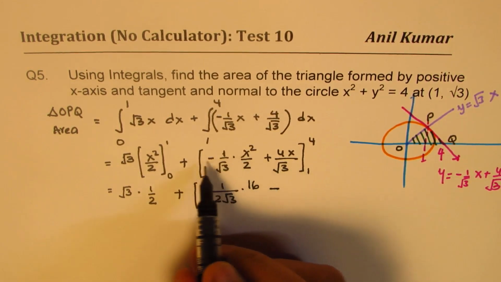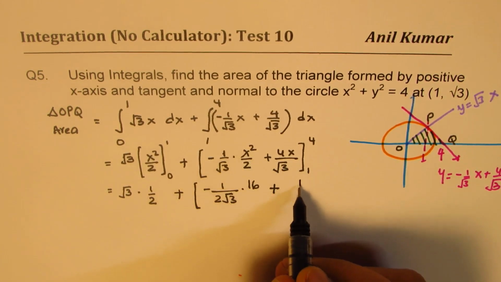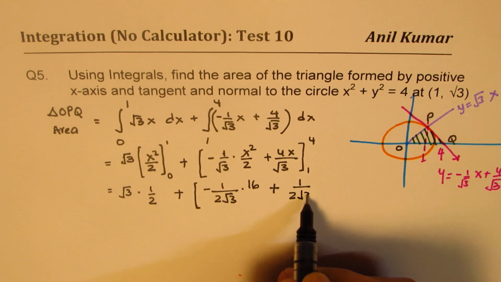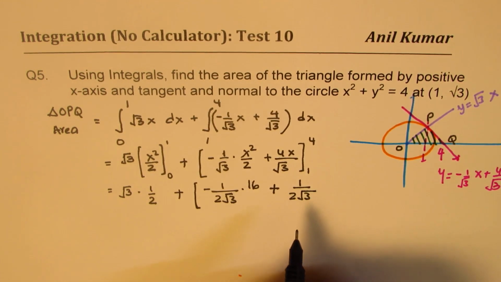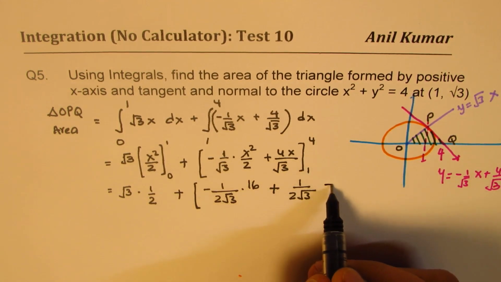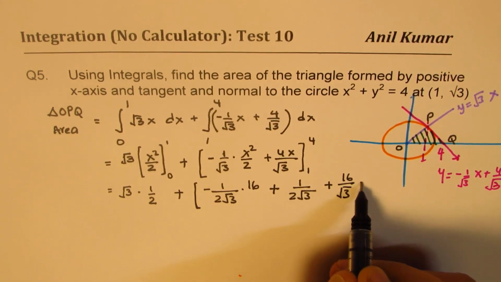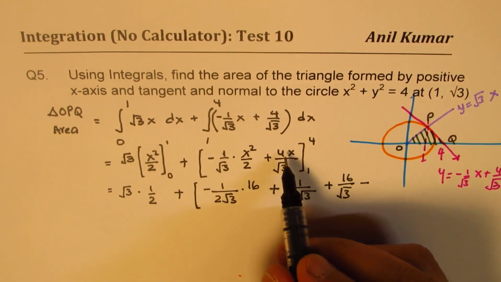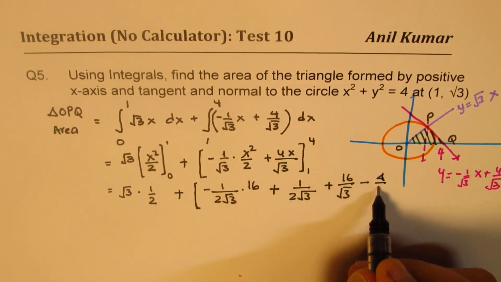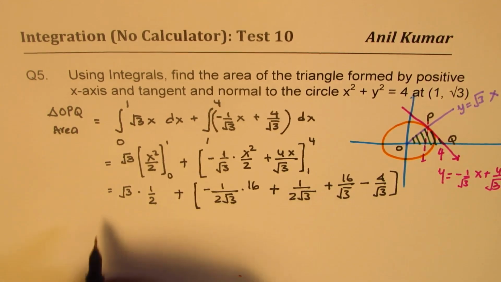Minus, when you substitute 1, that minus and minus becomes positive, and you get 1 over 2 square root 3. For 4x, we get 4 times 4, 16. So let me write this as 16 over square root 3 minus, when you substitute 1, you get 4 over square root 3. Correct? So that becomes the area.